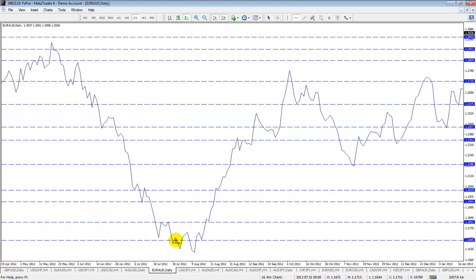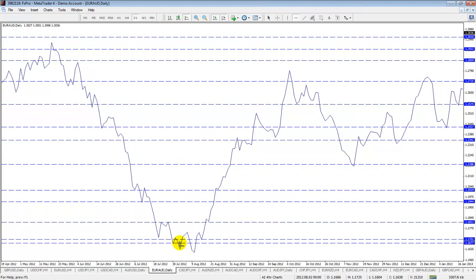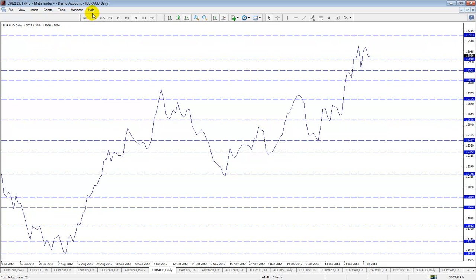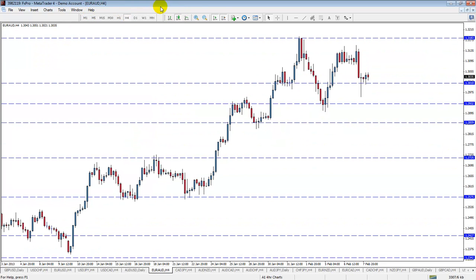And right there, and right there. Now let's take a look. So what's happening here? Yeah, David says the 4 hour, exactly. So yeah, this looks like a great place to trade.